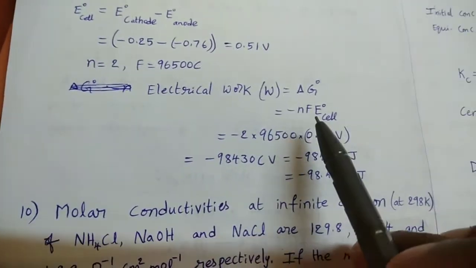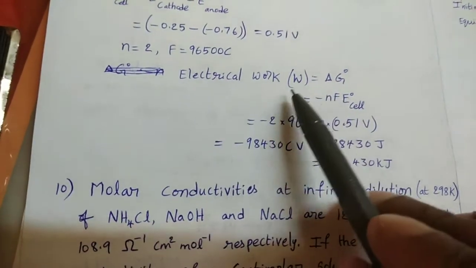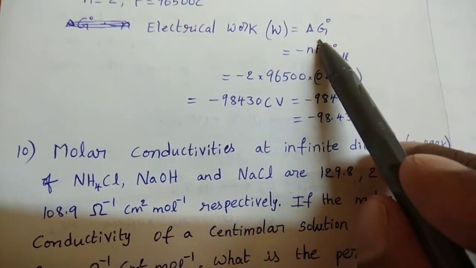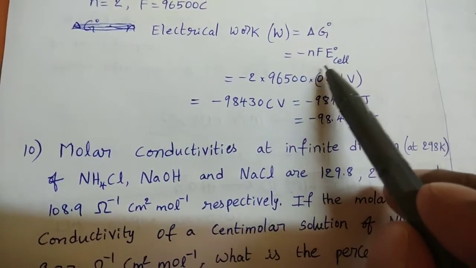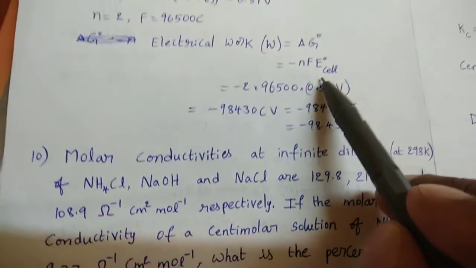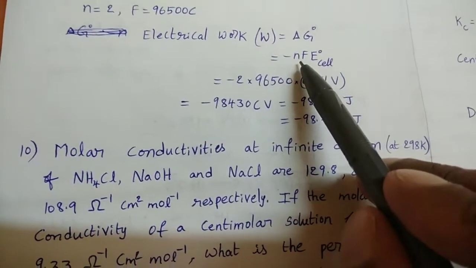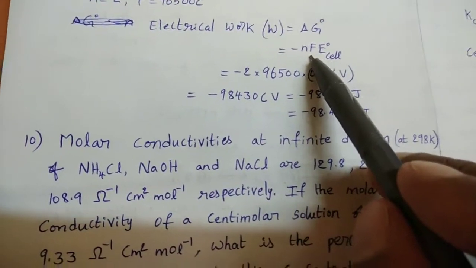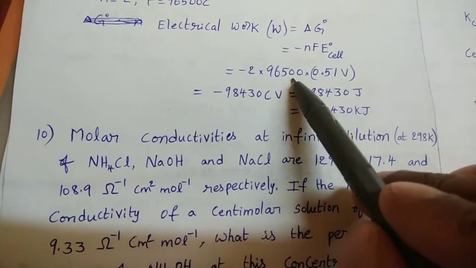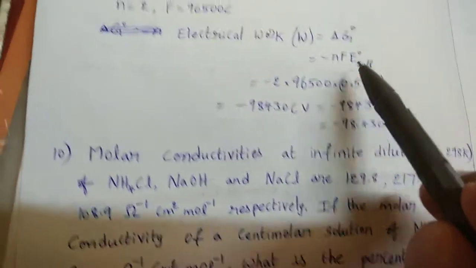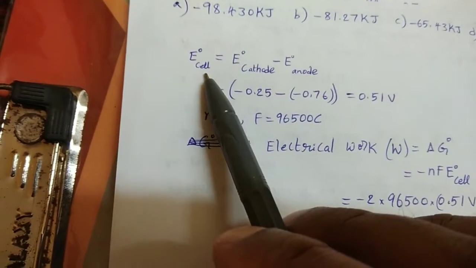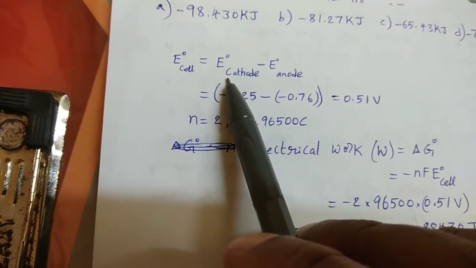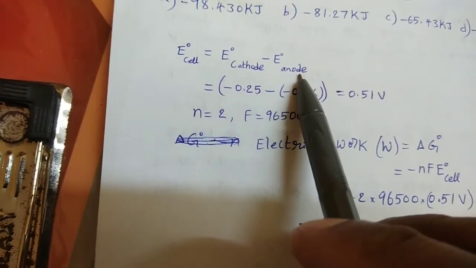by using this formula. Electrical work W equal to delta G naught, that equal to minus nFE0 cell. Here n is the number of electrons involved, 2 electrons are involved. F is Faraday, 96,500 coulombs, and E0 cell, this value we can calculate in this manner. E0 cell equal to E cathode minus E anode.